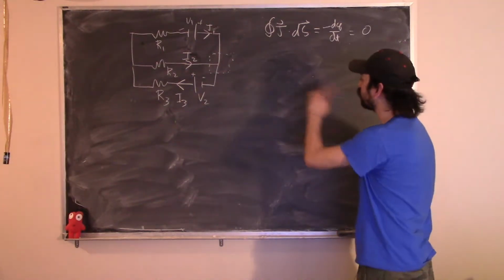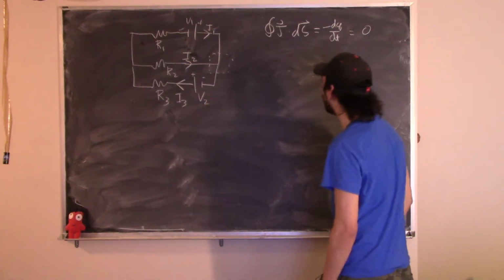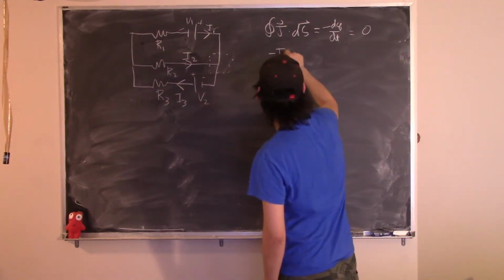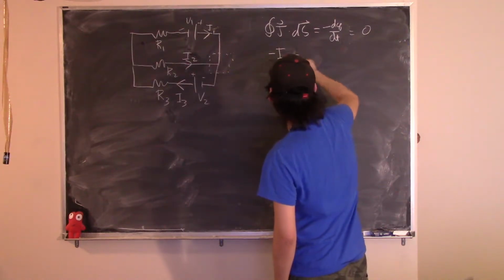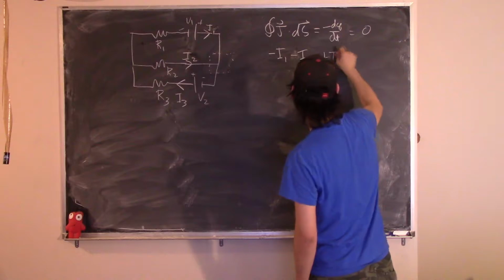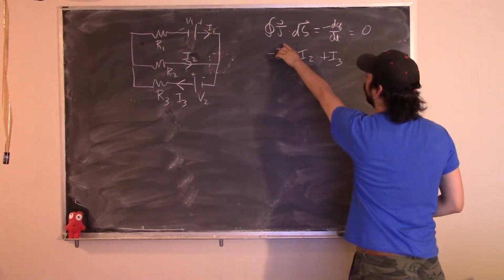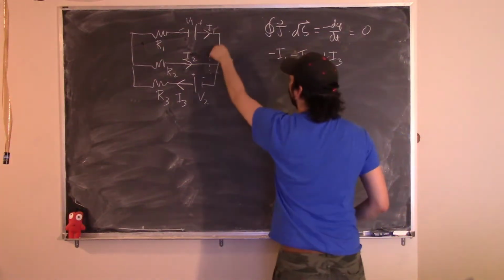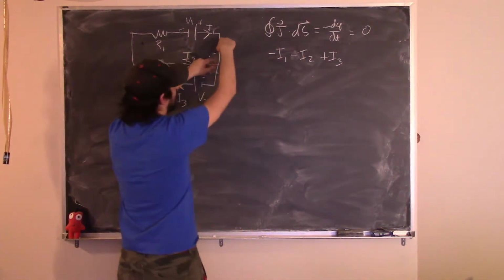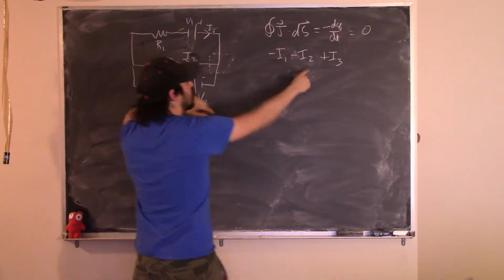For this box, when I evaluate the integral of J dot dS, this is going to give me minus I1 minus I2 plus I3. The way you can see this is anything that goes into this is going to be negative because the current density is in the opposite direction of the dS vector. And anything that goes out of it is going to be positive.